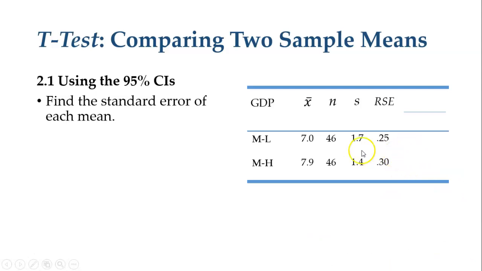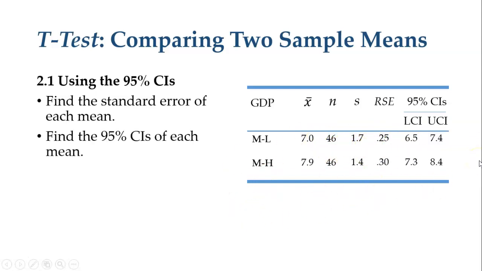But the standard error for the sample of the medium low countries was 0.25, and for the medium high countries was 0.30. Later we find the confidence intervals for each mean.